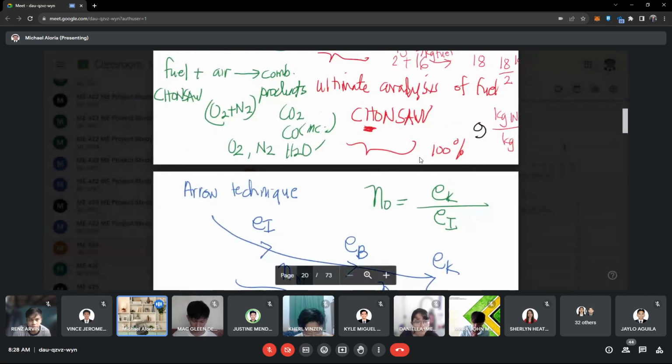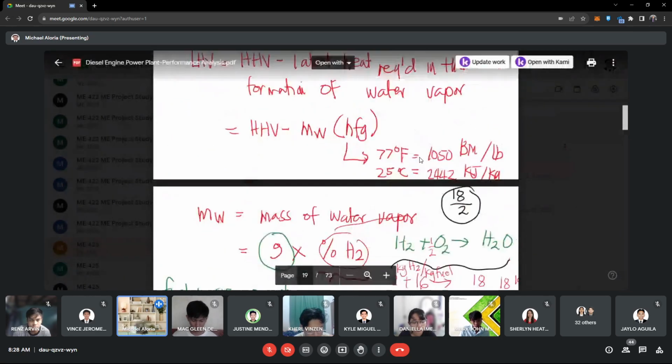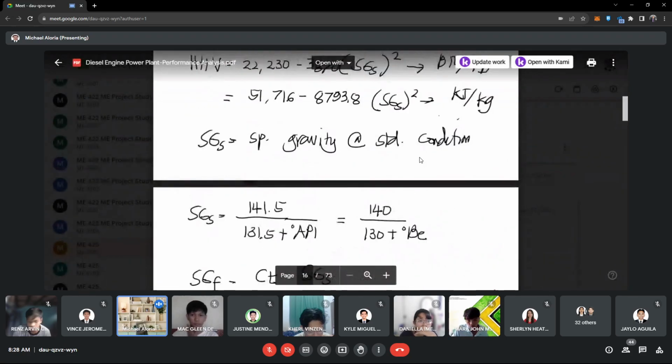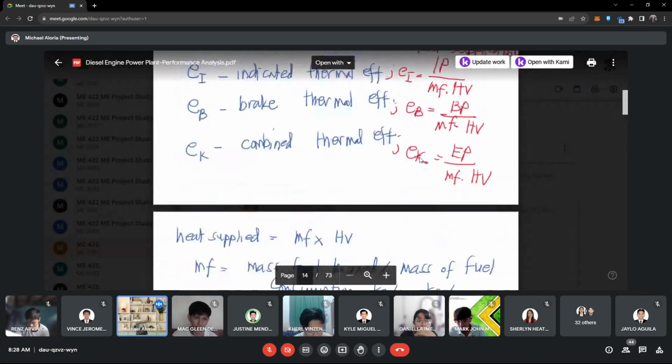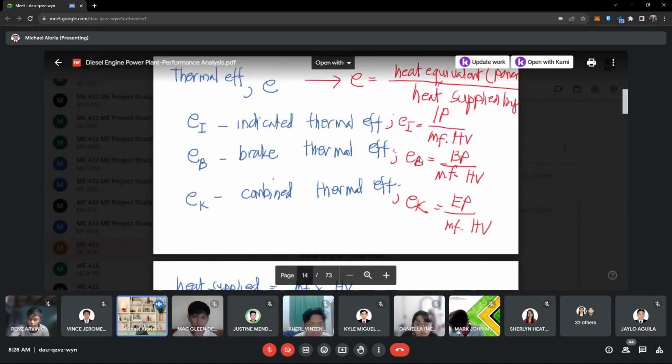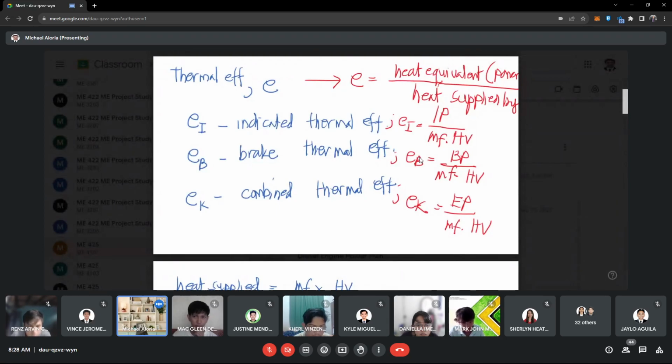So, let us now put this using your arrow diagram. Let us go back to the equations we discussed, which are basically articulations of the different parameters used in the thermal efficiency equation.